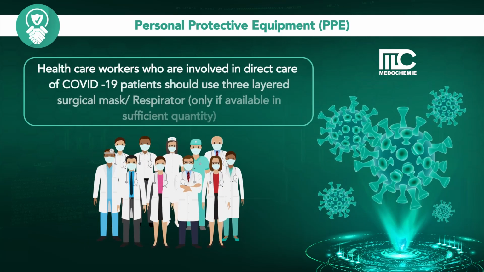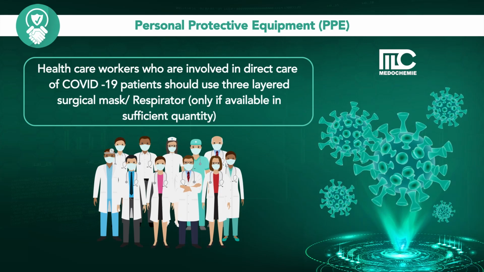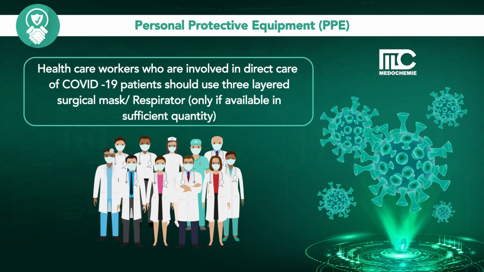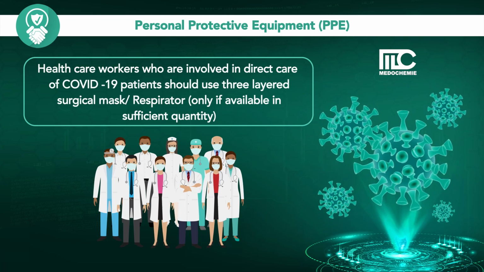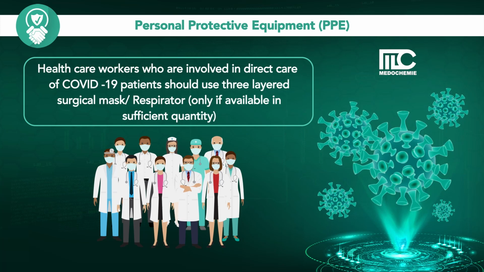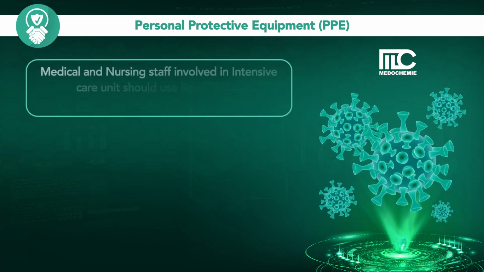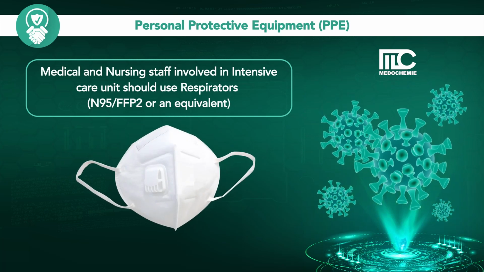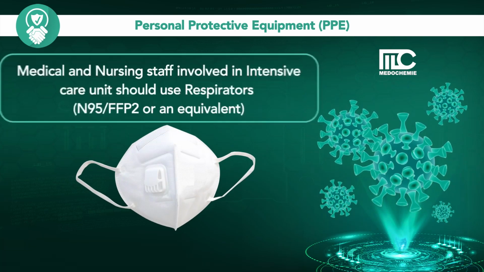Healthcare workers involved in direct care of COVID-19 patients should use a 3-layer surgical mask or respirator only if available in sufficient quantities. Medical and nursing staff in the intensive care unit should use a respirator or equivalent.